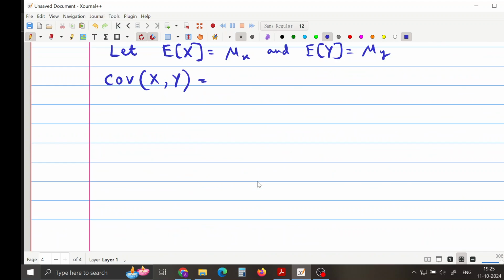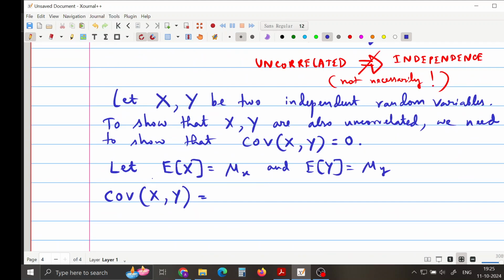But here for random variable, this is defined as expectation of this term times y minus expectation of y.